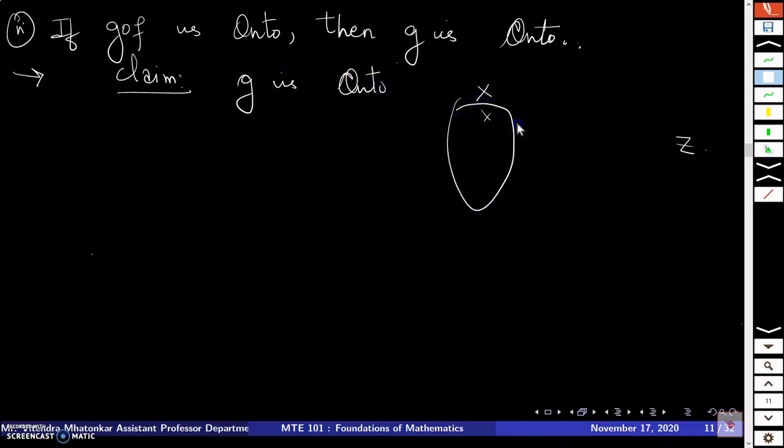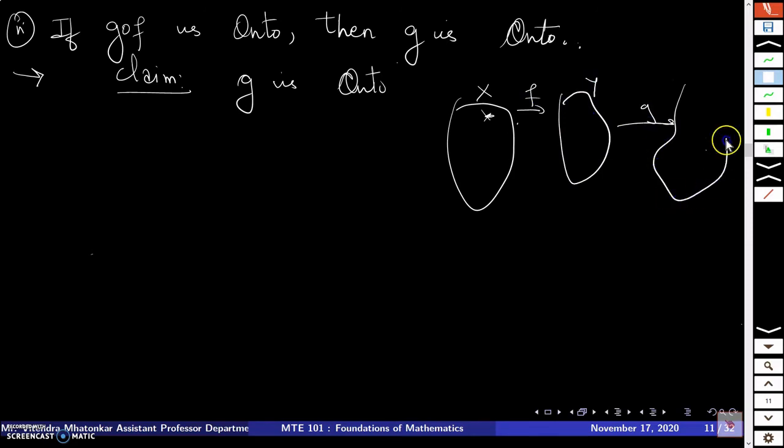Supposing this is the set x, f is a map from x to y, and g is a map from y to z. Now we want to show that g is onto.